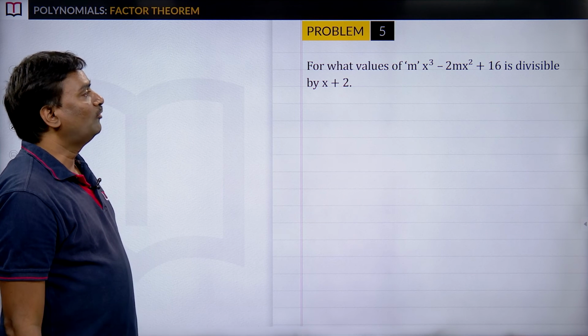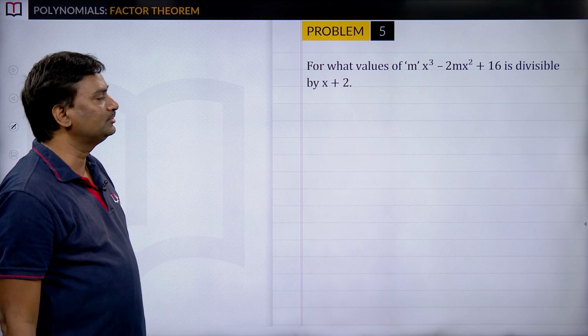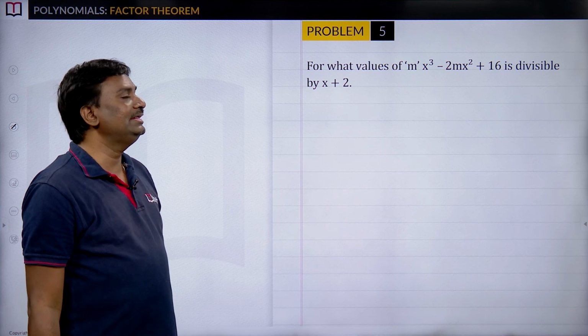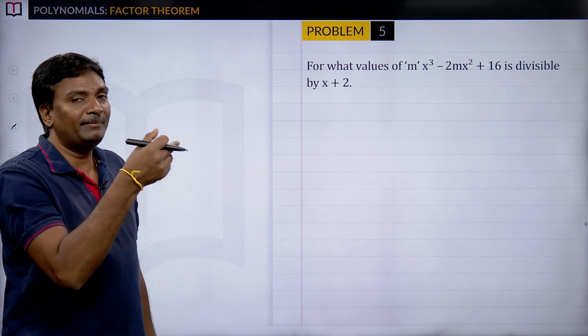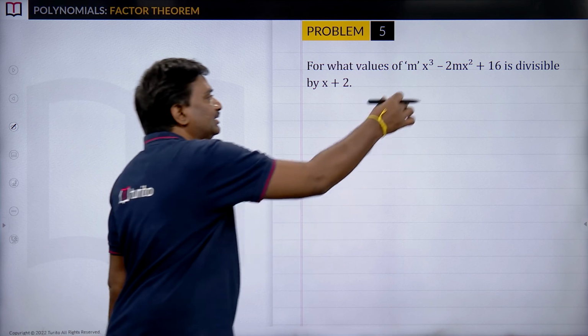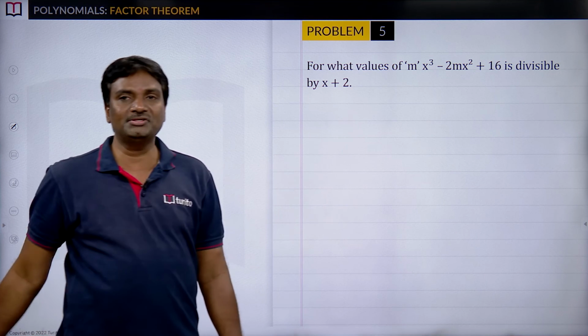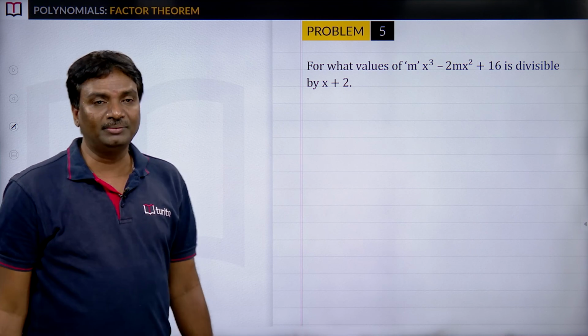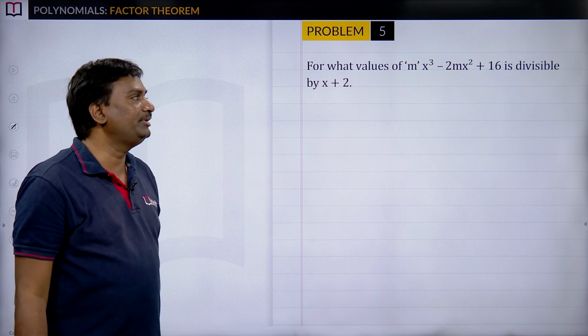Next, for what values of m is x cube minus 2m x square plus 16 divisible by x plus 2? So in place of m, by substituting some values, this polynomial should be divisible by x plus 2. Just like the previous problem, in the previous problem we had unknown value a, here we have m.